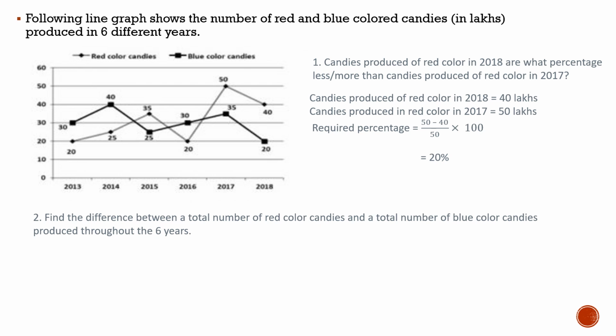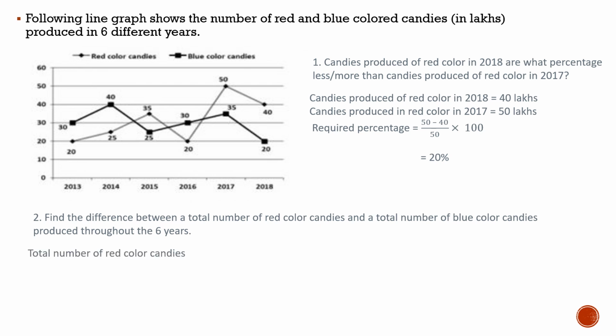It is less. Second question, find the difference between a total number of red color candies and total number of blue color candies produced throughout the 6 years. So we have to find what is the total sales of red for all 6 years and what is the total sales of blue for all 6 years.